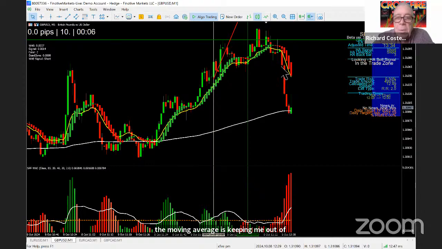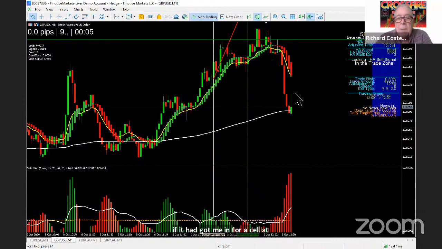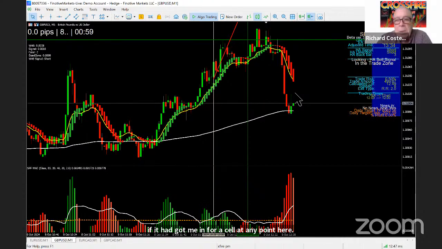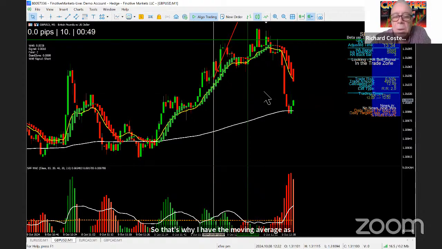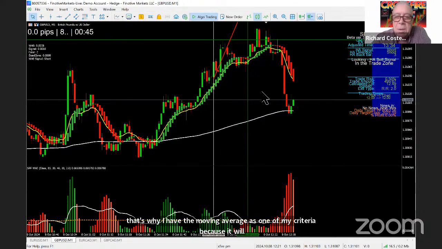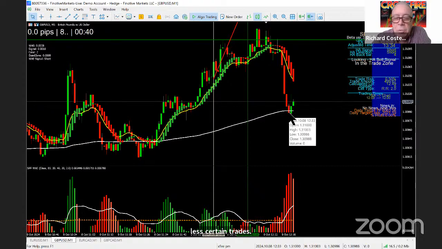If it had got me in for a sell at any point here, it's reversing and it would have taken me out, depending on stop loss and so on. So that's why I have the moving average as one of my criteria, because it will keep you out of less certain trades. And in that case, the 200 was in the way.